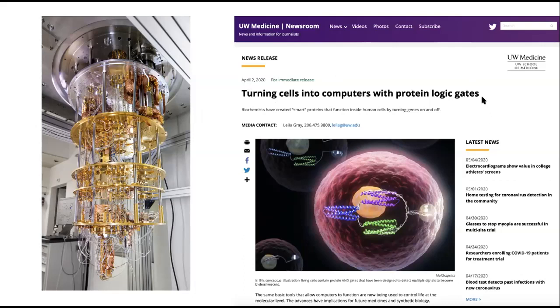So all over the place, from biology to quantum mechanics, it's the same logic. The logic has been with us all along. All people are doing is finding more innovative uses for the same operations. So everything you're learning in this class can be connected to one of these projects at the forefront of science and engineering. Okay, thanks.